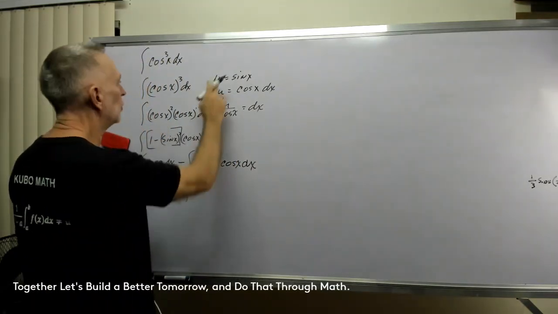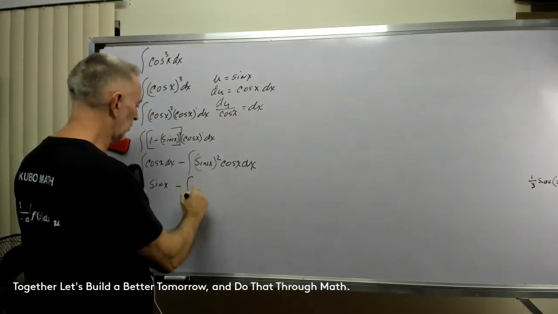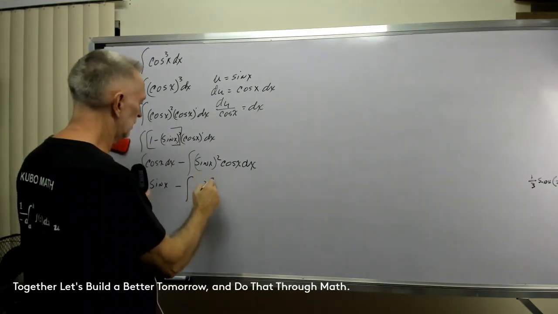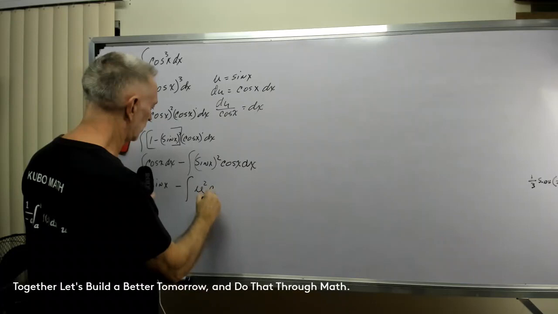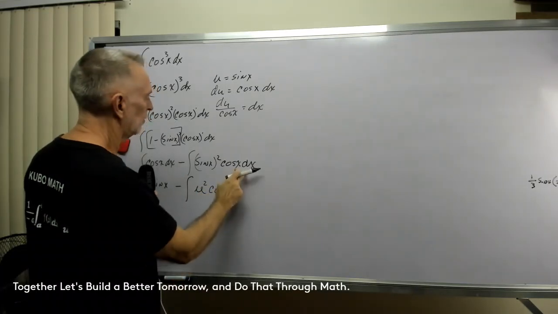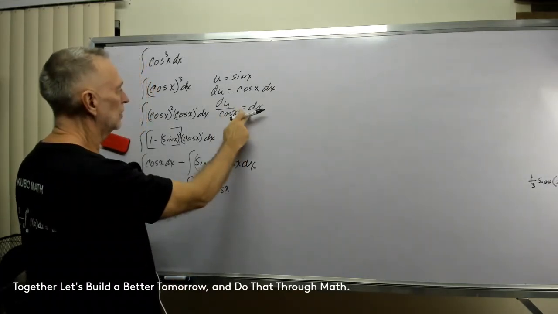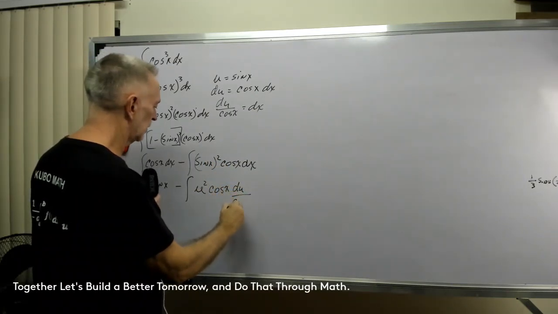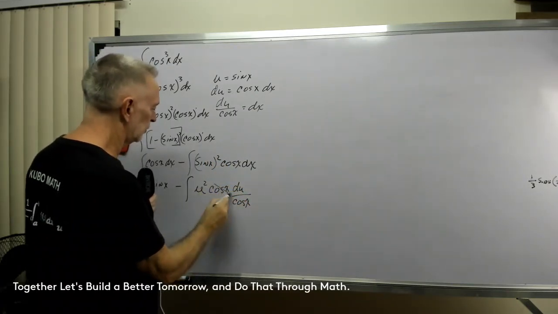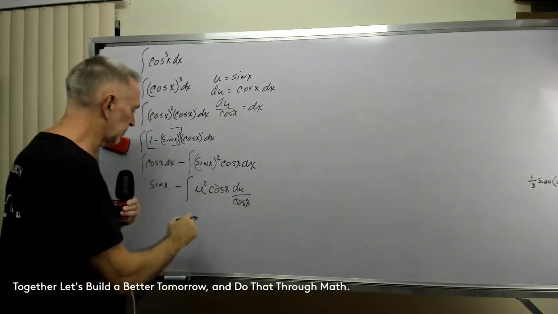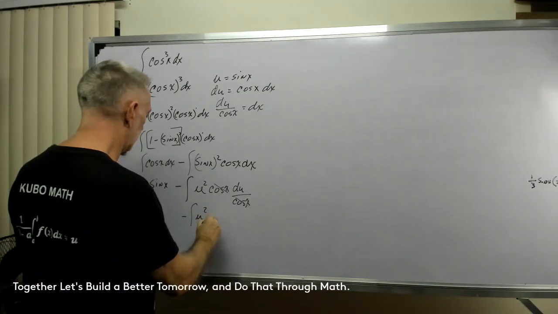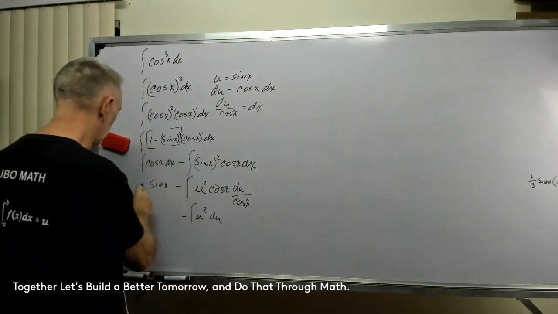So now, what do we have here? We have u is sine x, so we have u to the second power, and then we still have our cosine x, replacing dx with du over cosine x. You'll notice the cosines cancel, so now we have the integral of u squared du. Of course, we've already finished this one.